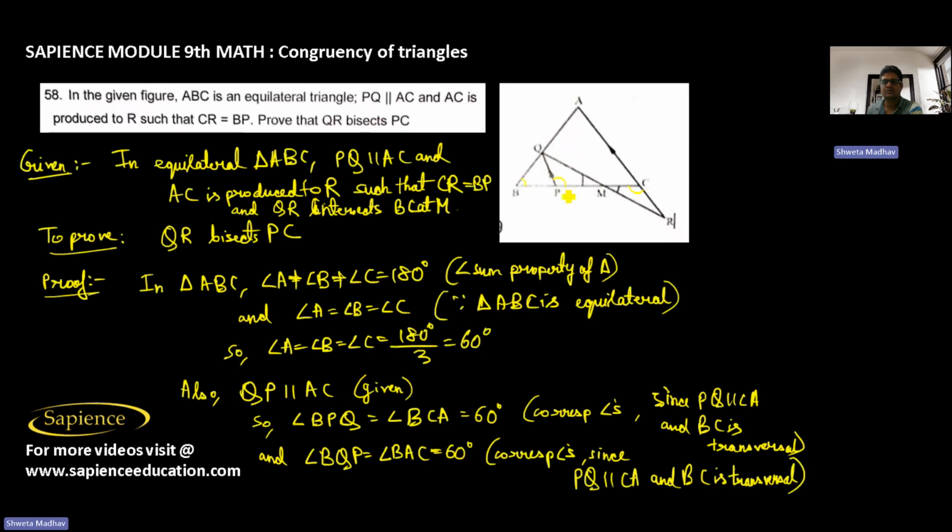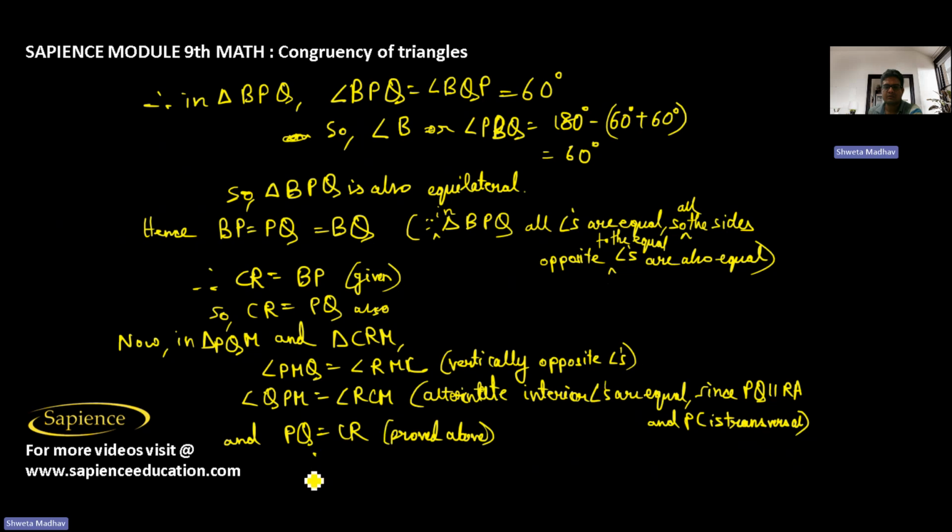So hence we have shown that two angles and the non-included sides are equal in two triangles, and so they are congruent by AAS rule. Therefore, triangle PQM is congruent to triangle CRM by AAS rule of congruency.